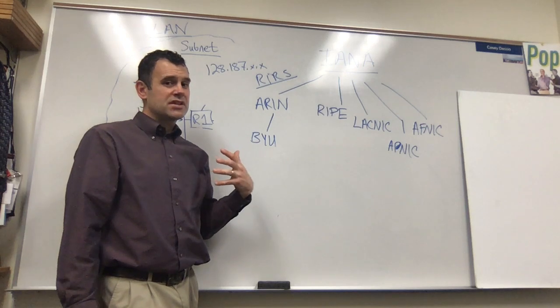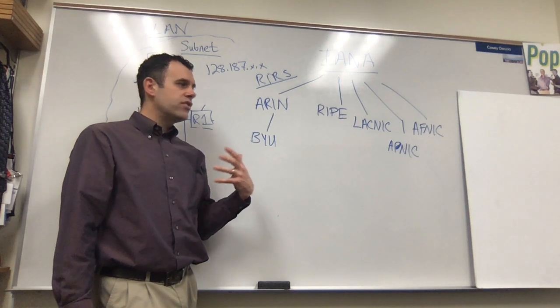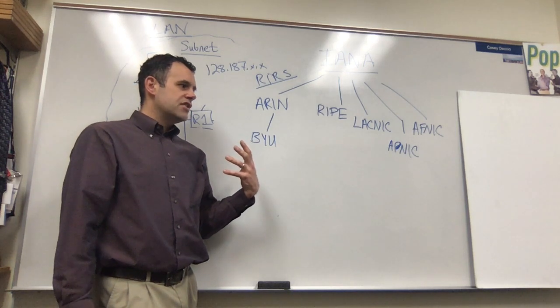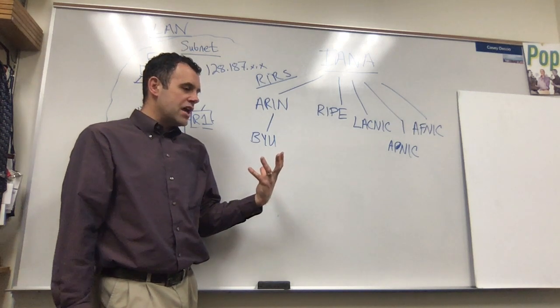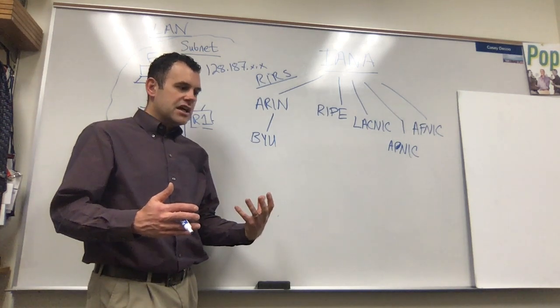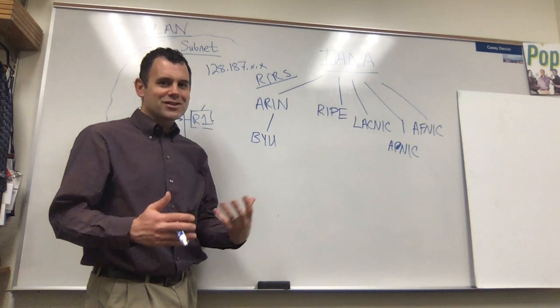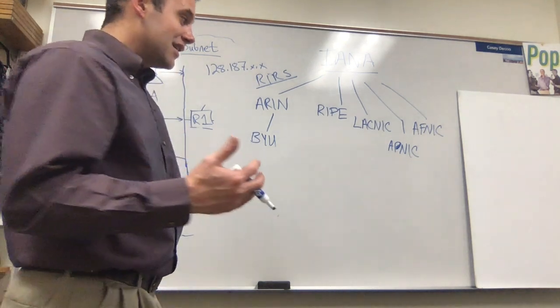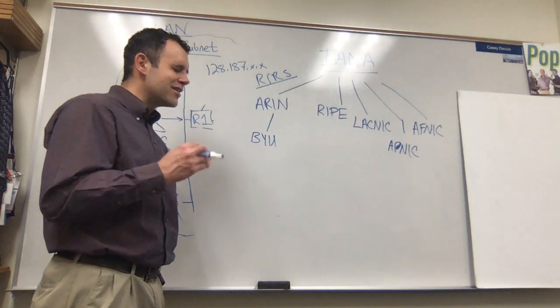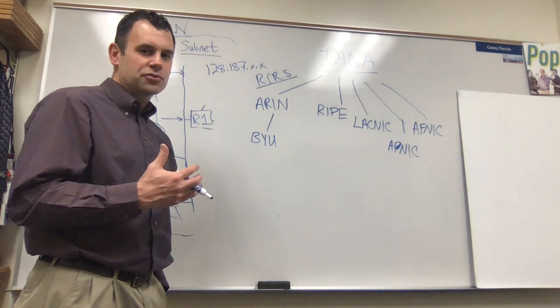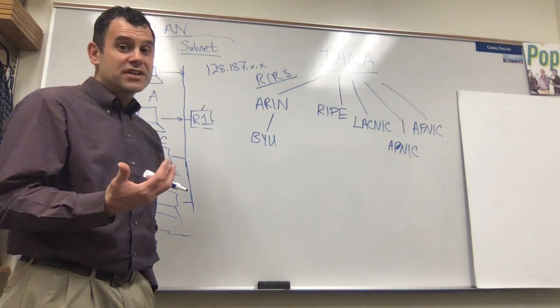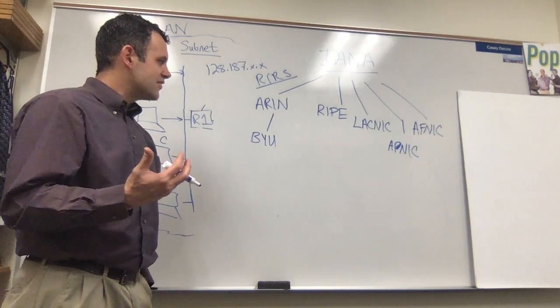When this whole thing started, the internet grew a lot faster than folks were expecting. So those 32 bits went very quickly.